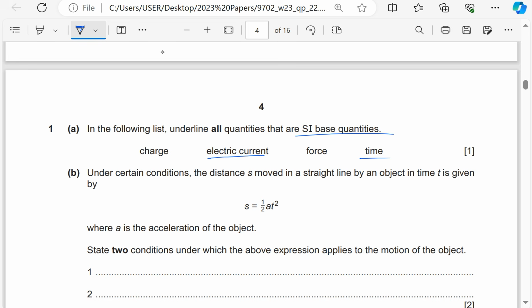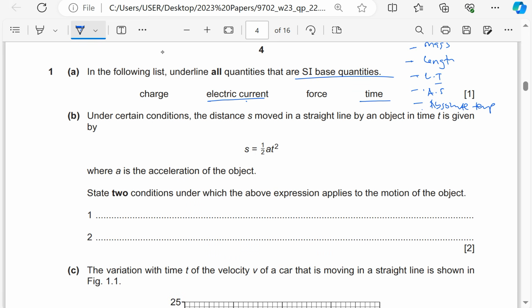Apart from electric current and time, you talk about mass, length, luminous intensity, amount of substance, and I think absolute temperature. So 1, 2, 3, 4, 5, 6, 7. There are 7: current, time, mass, length, luminous intensity, amount of substance, and absolute temperature.